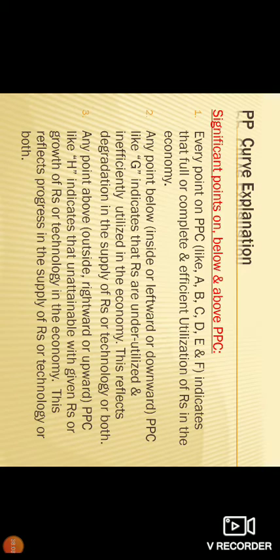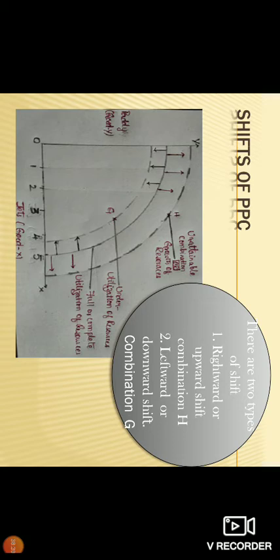For example, if any point is below the production possibility curve, another production possibility curve is drawn below the production possibility curve, that is shifting downwards or to the left side. Let us imagine we have a given production possibility curve already. There is a shift to the left side.